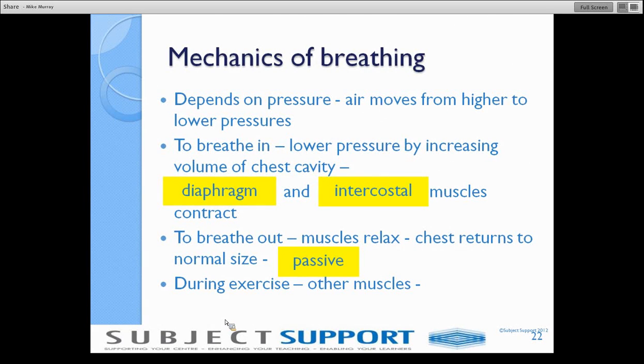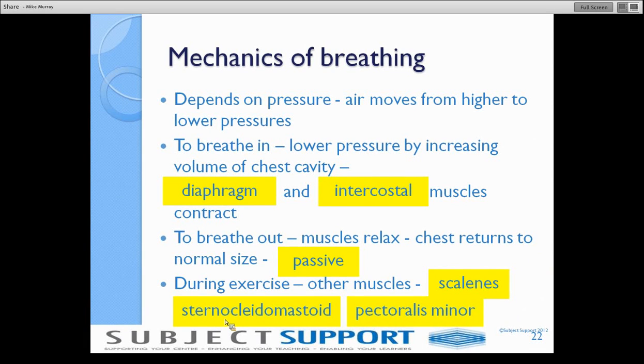And you should have put things like the scalenes, which are in your neck, everyone's favorite muscle group, the sternocleidomastoid that joins the side of the ear down to your collarbone almost. You may have put the pectoralis minor muscle, and you may have put, I've not put it in this slideshow, but you may have put the abdominal muscles as well.